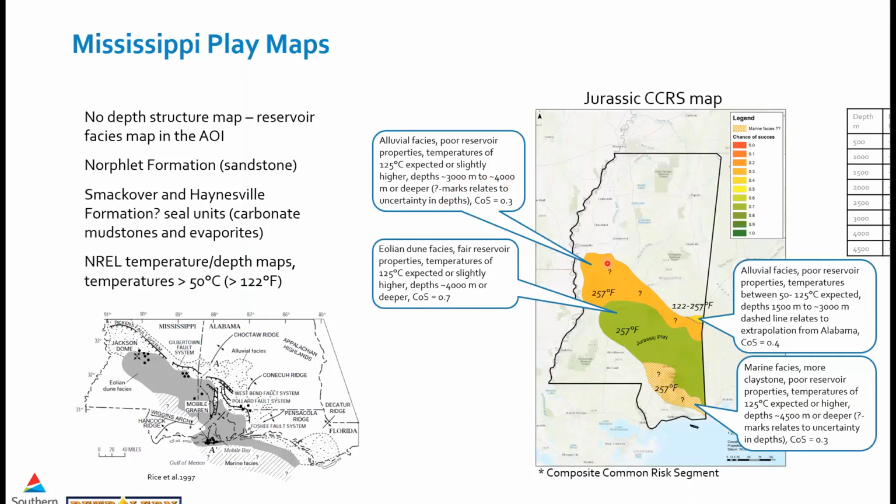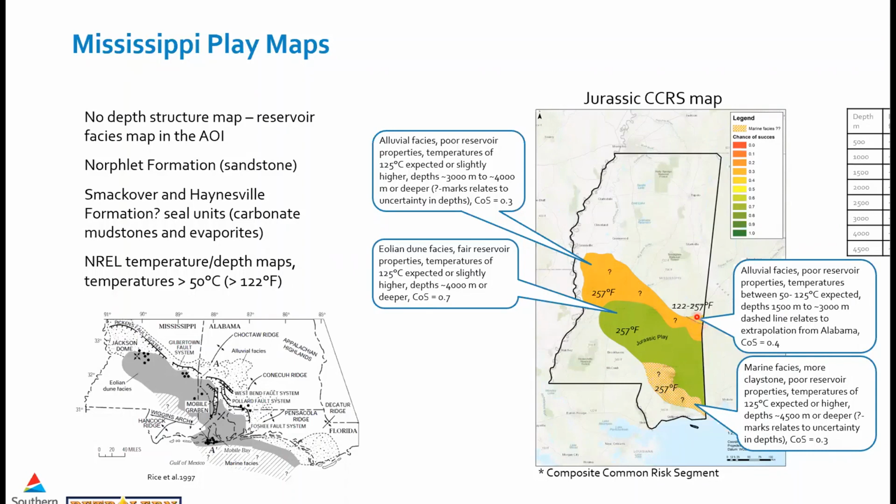The question marks put in here are basically because we didn't have any depth maps to indicate where we go from around 3,000 meters, or if some part of this could actually be, as a very small segment over here close to Alabama, 1,500 meters and up to 3,000 meters, a potential area and segment to be in.